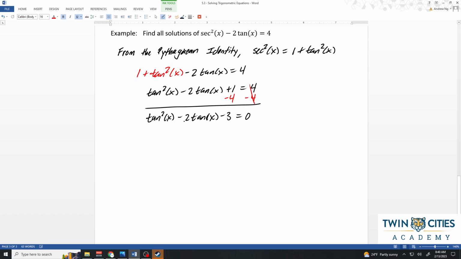And if you want to make this a little bit easier to work with, over to the side, you could say let u equal tangent of x. That way, this would be u squared minus 2u minus 3 equals 0. Then you could say a equals 1 here, c equals negative 3.